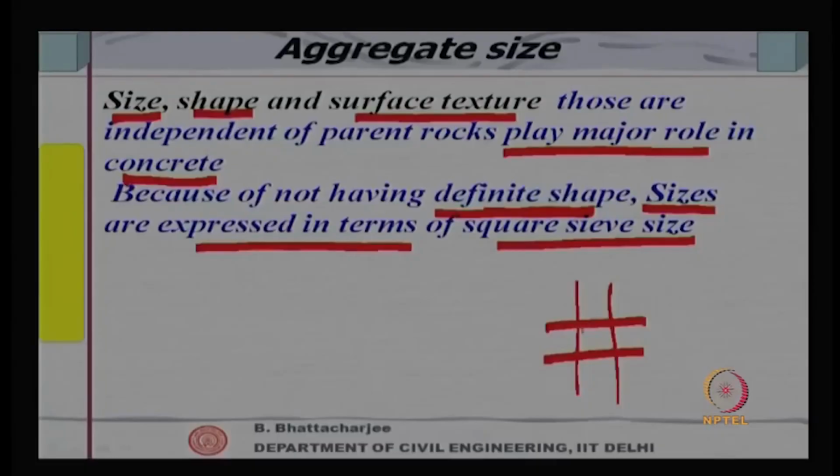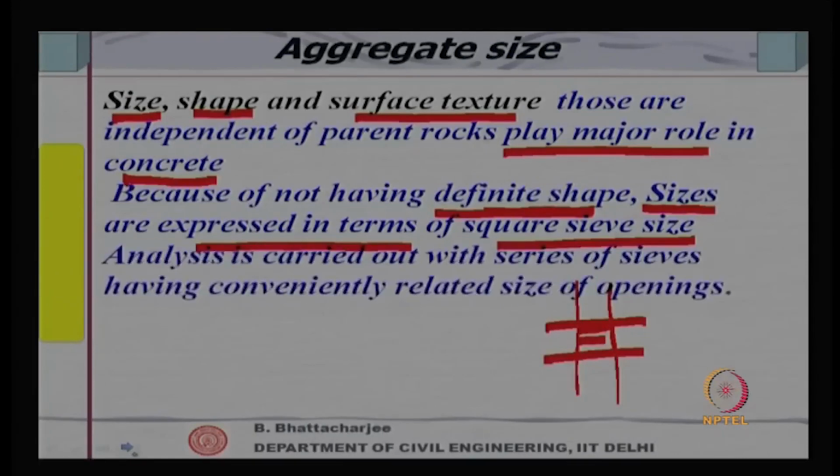Size also varies. So, their sizes are defined in terms of square sieve size. You have square sieves, and the sizes we talk about are the square sieve side length. So, size is related to sieve size.